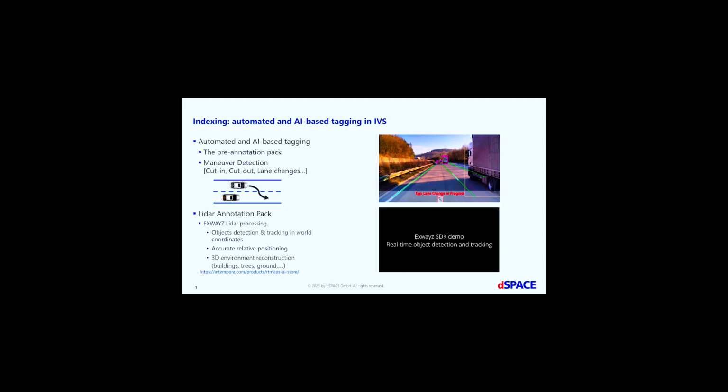In cooperation with our partner X-Ways, also indexing based on object detection for LiDAR point clouds is available. Thanks to SLAM and 3D environment reconstruction, the LiDAR annotation pack performs tagging of objects like buildings, trees, or streetscapes together with their relative positions.